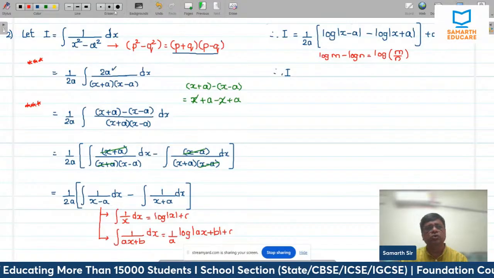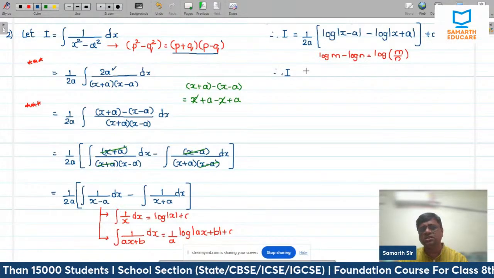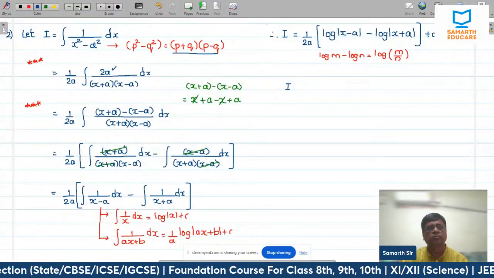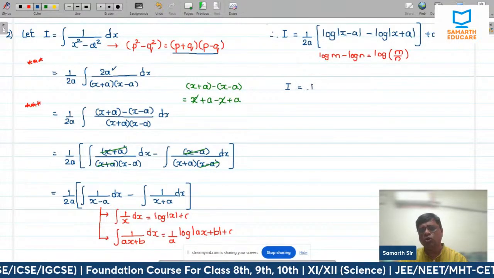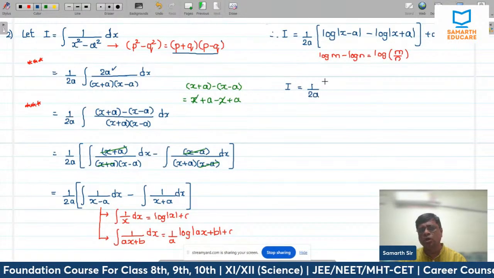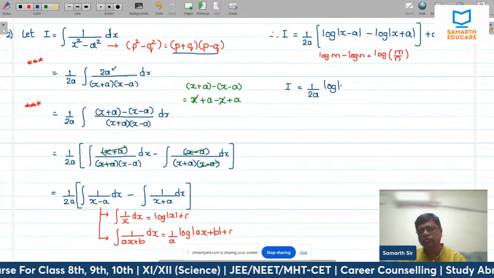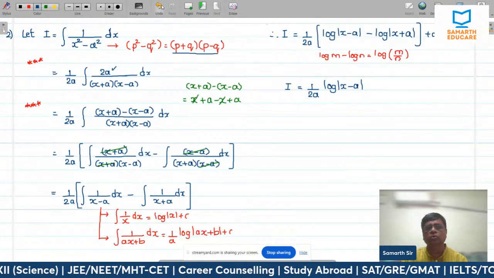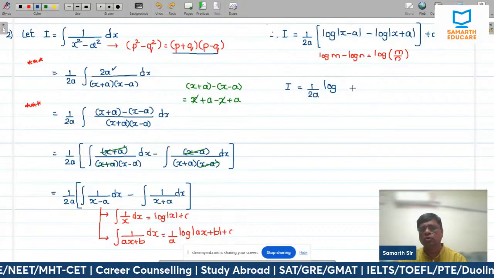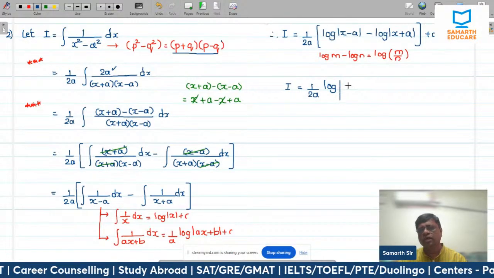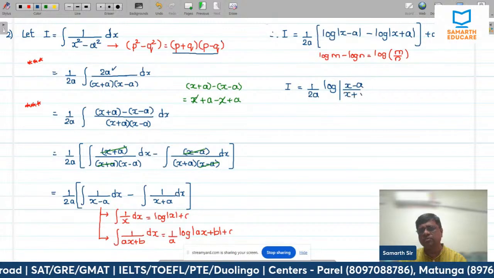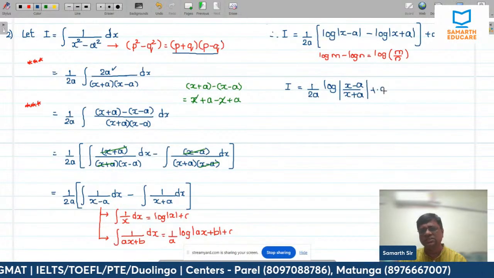All right, so now that means I is equal to 1 upon 2a log of x minus a divided by x plus a plus c.